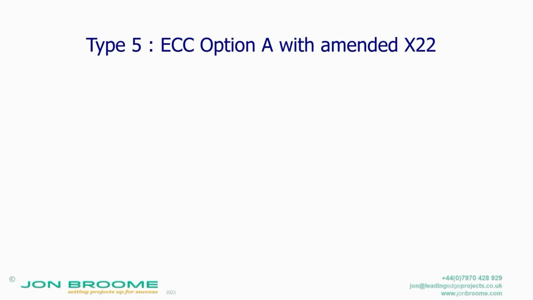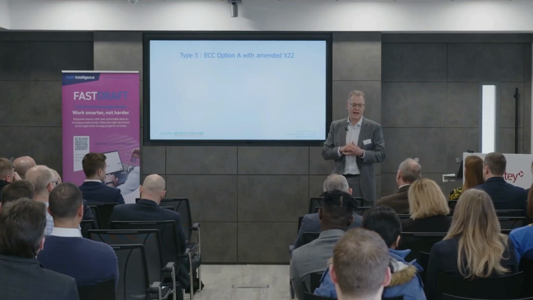This is option A with amended X22. And if I go right back, I'm wary that I'm now starting to go into territory I wasn't going to originally mention, right? If you go back to the origins of early contractor involvement, you could say it's a mashing together of target cost contracts with the preferred contractor approach.